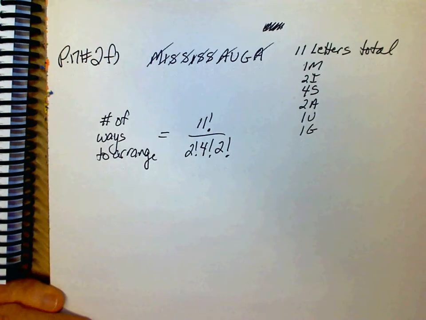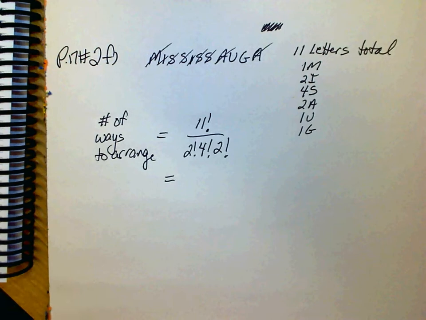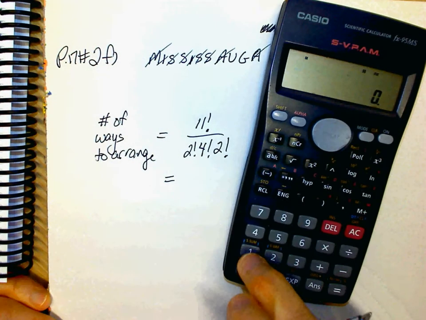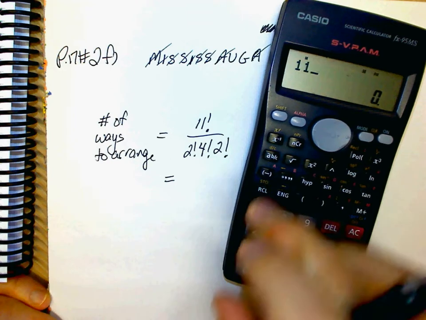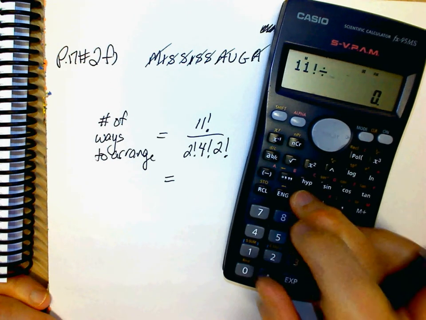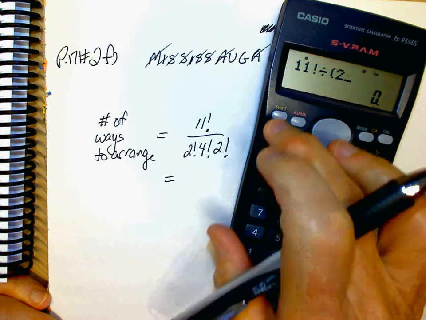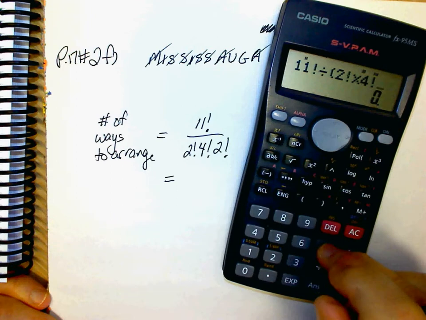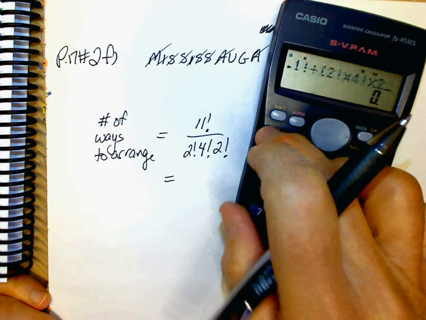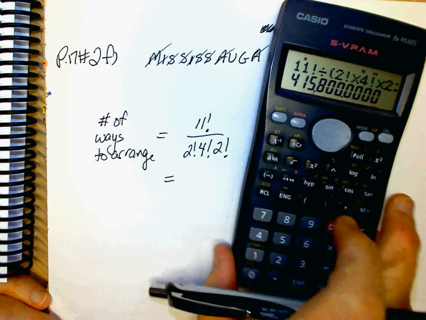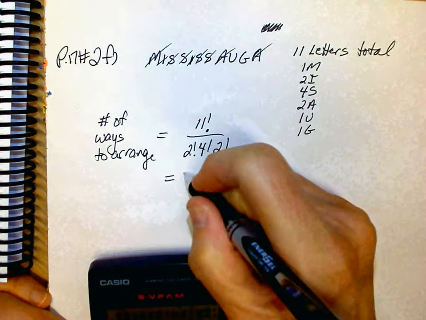And we'll just plug it into our calculator. So we have 11 factorial divided by open bracket 2 factorial times 4 factorial times 2 factorial, close bracket, and that equals 415,800.